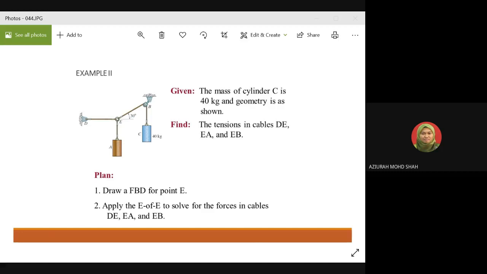Okey, siapa dah dapat jawapan dia? Ada missing seseorang ke?